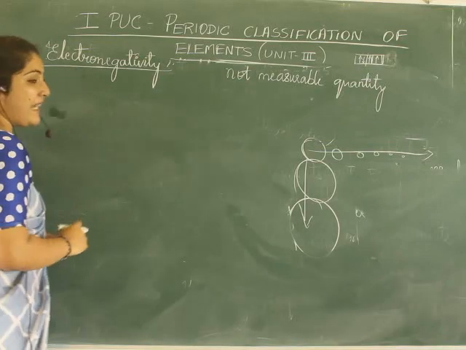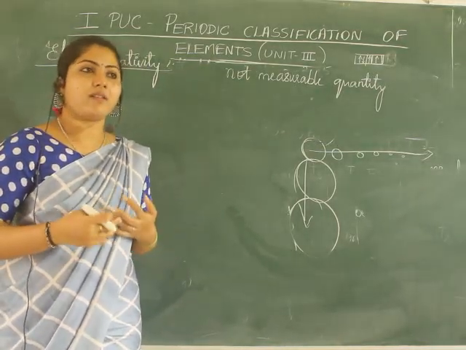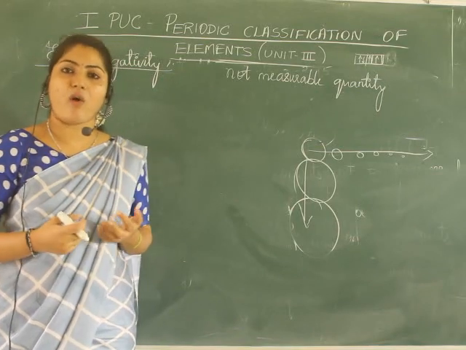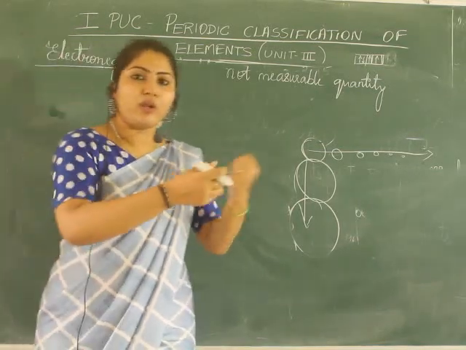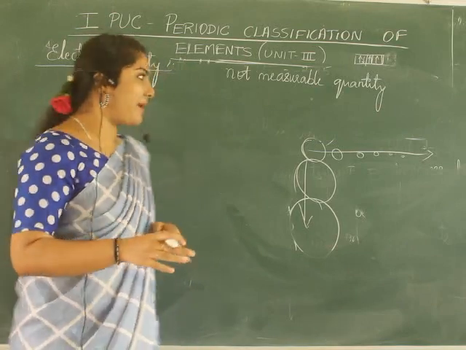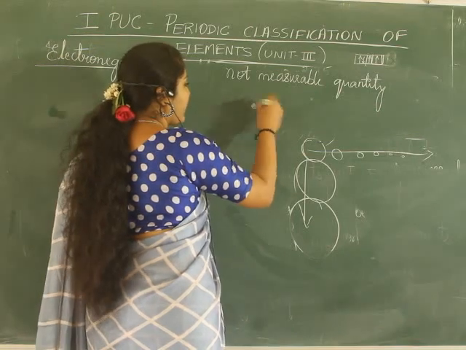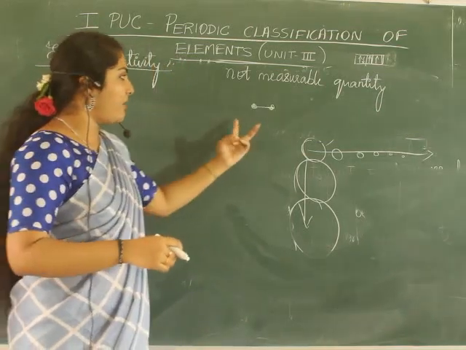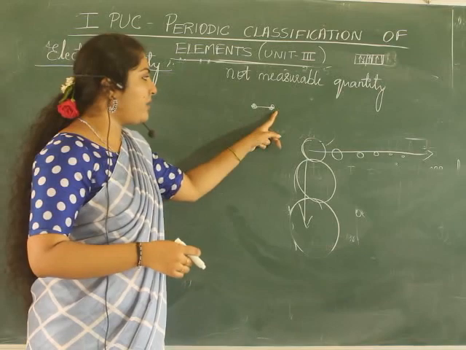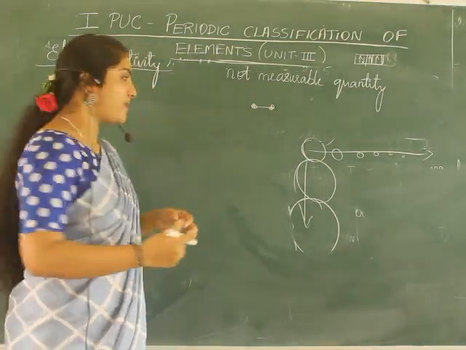Electronegativity means it is a tendency. Tendency means the ability of an atom to pull the shared pair of electrons towards itself. You know what a shared pair of electrons is? If there is a bond, bonding means there are two electrons sharing the bond.